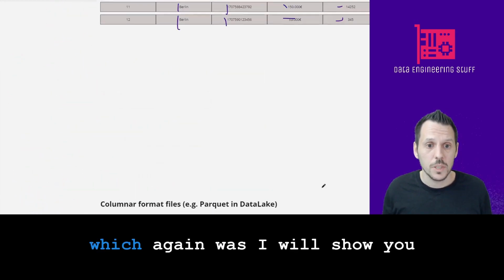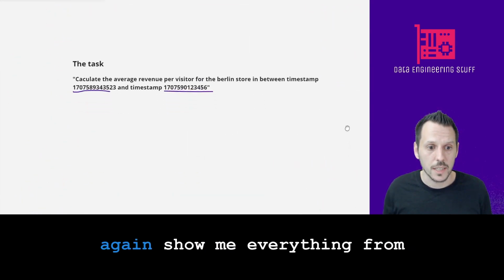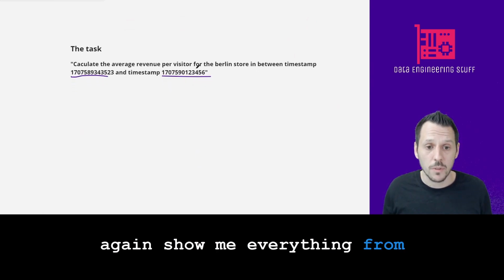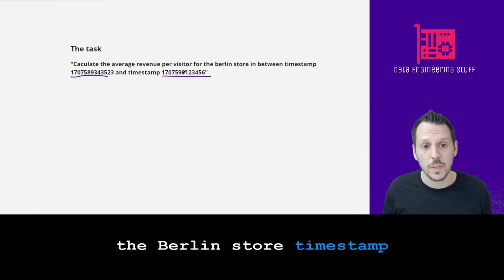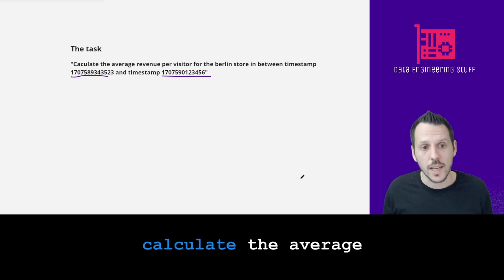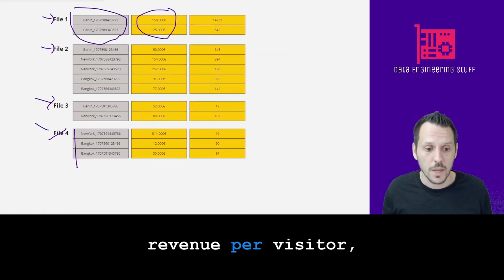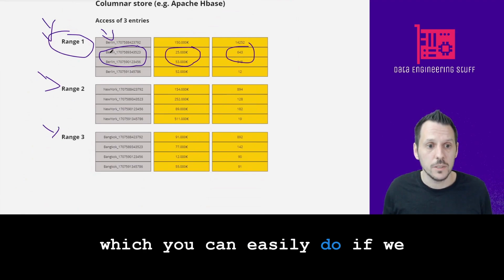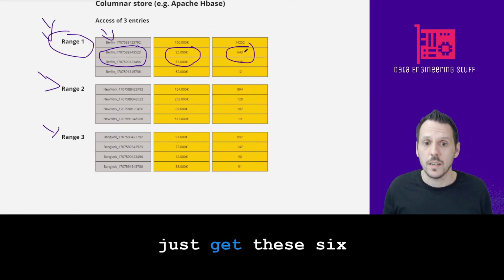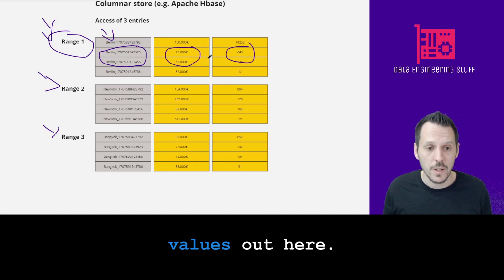our task, which again was, I will show you again, show me everything from the Berlin store, timestamp X and Y, and calculate the average revenue per visitor, which you can easily do if we just keep these 6 values out here.